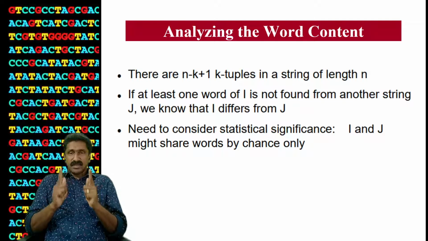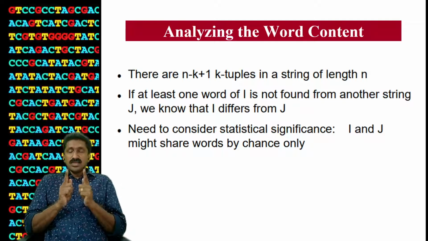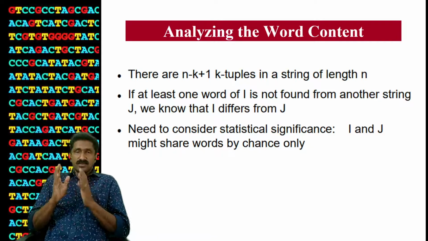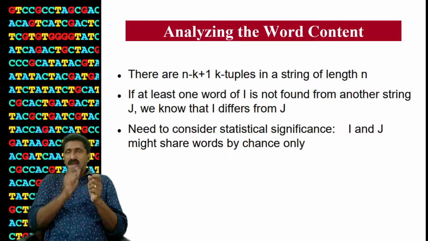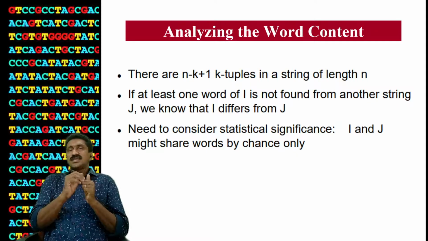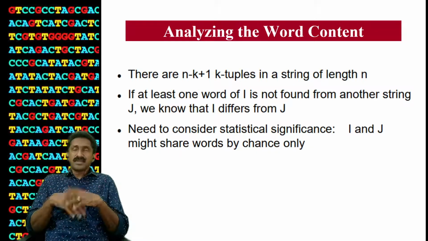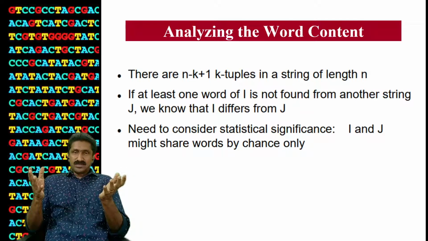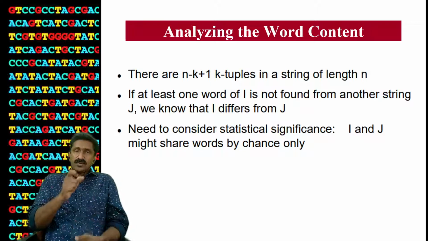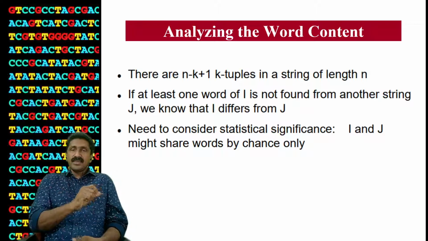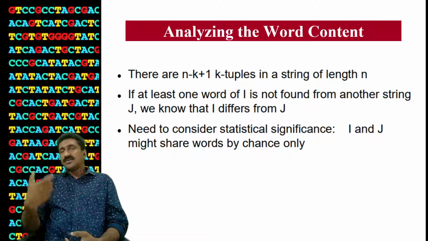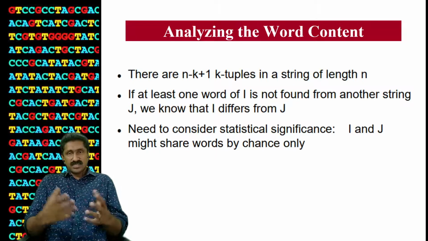So your comparison is between two sequences of say 500 base pair length. So I will be 500 and j will be 500, the second string. And if at least one word of this first string is not found in the second one, then you know that it is completely different. Likewise, you can look for words from I and whether they are matching with the words of j. So that is the actual comparison.